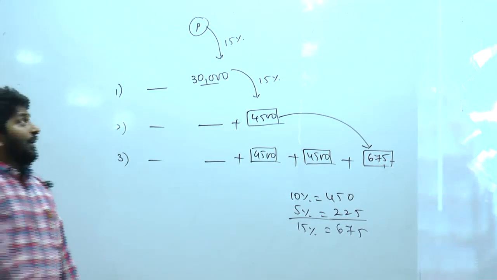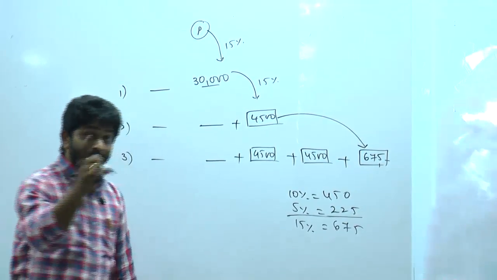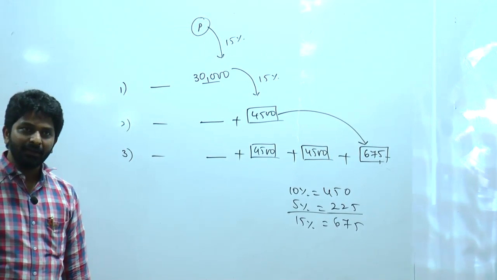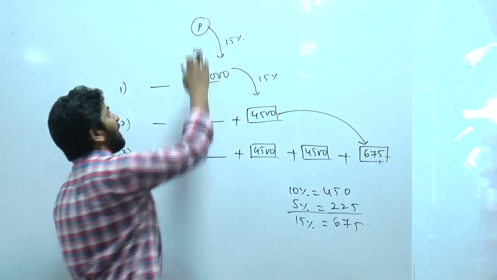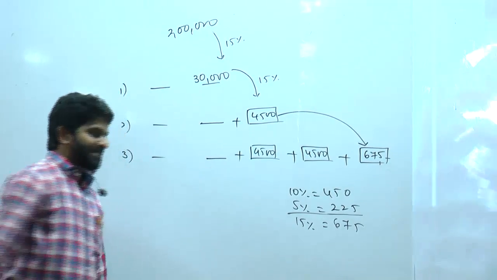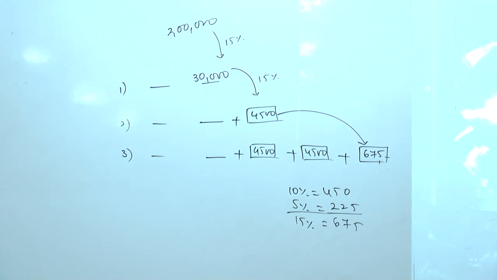True? If 15% is 30,000, 10% is 20,000. Am I right? If 10% is 20,000, principal is how much? 2 lakhs. Backtracking. Reverse engineering.